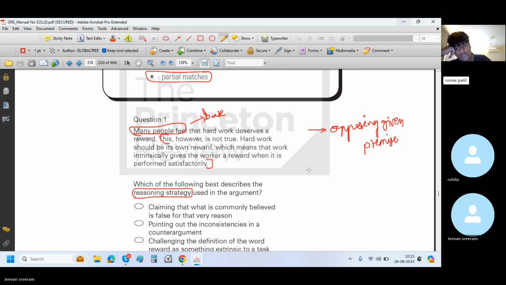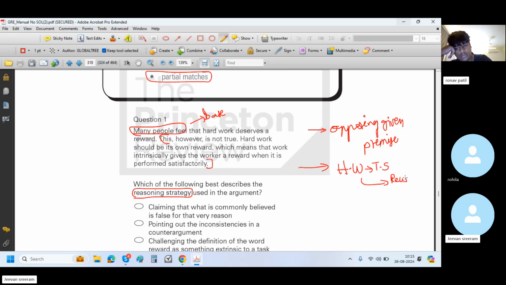Next, he felt that hard work itself is a reward, when the task was done satisfactorily. Performed well, task done satisfactorily, then hard work itself is a reward.